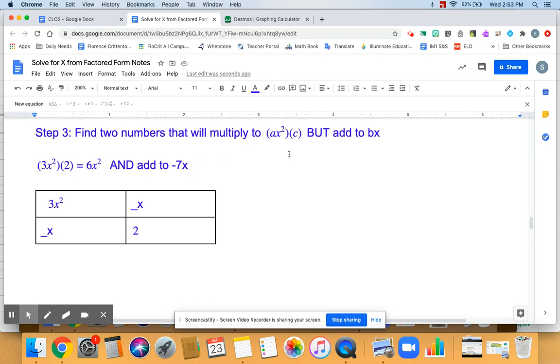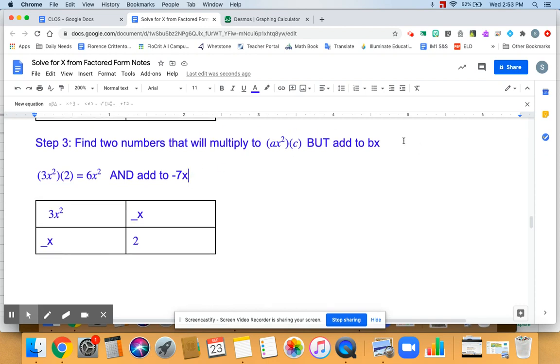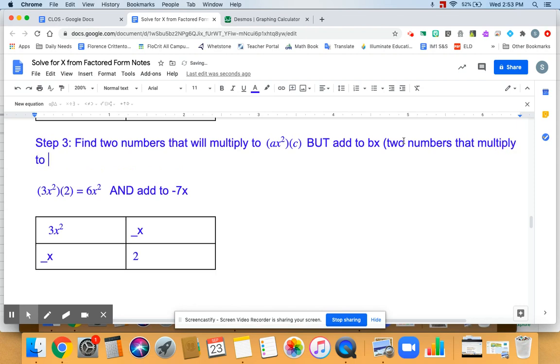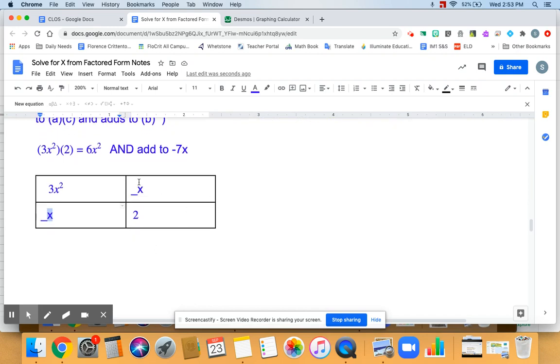So instead of thinking about the x part, you can think two numbers that multiply to whatever a times c multiplies to and adds to the b. And you don't have to think about the x parts as long as you remember this is always an x and this one's always an x. And it doesn't matter once you find the two numbers where you put them, like which one goes here and which one goes here, that won't matter.